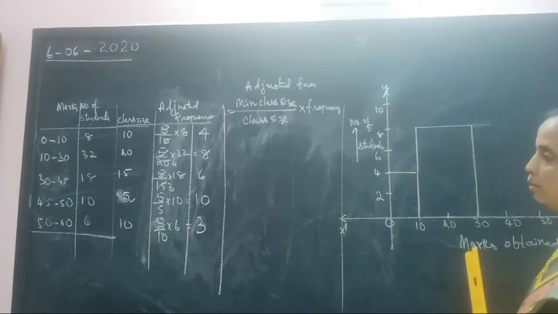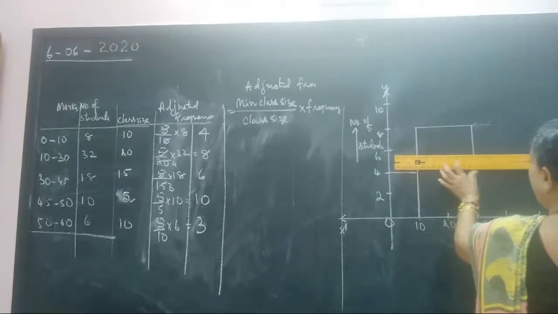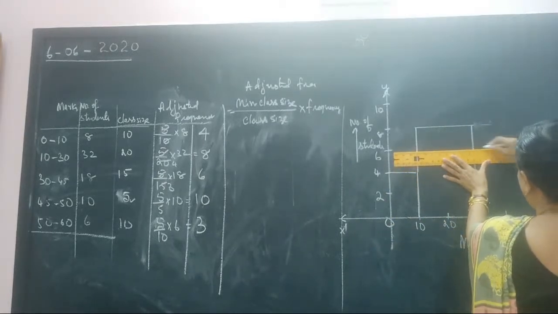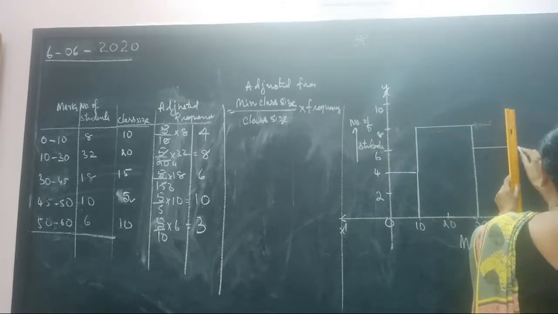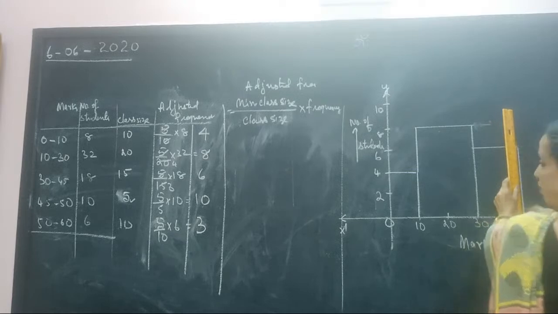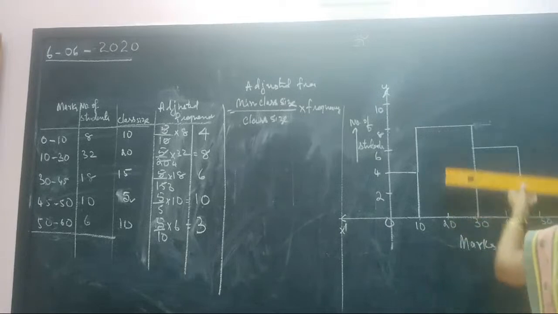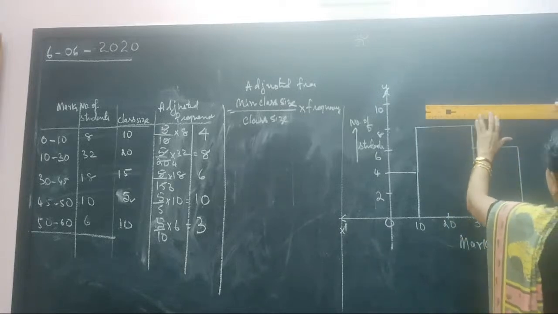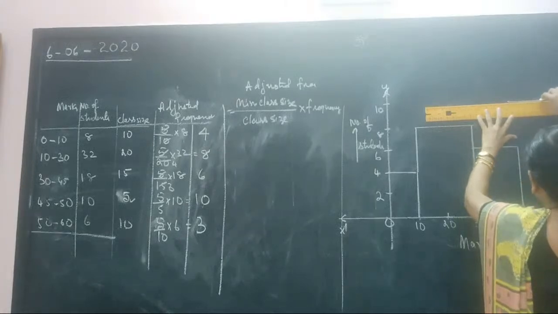Then 30 to 45, it is 6. Then 45 to 50, it is 10.